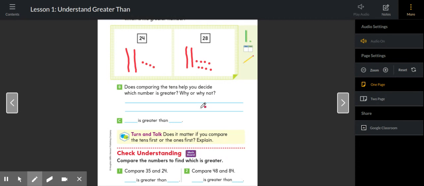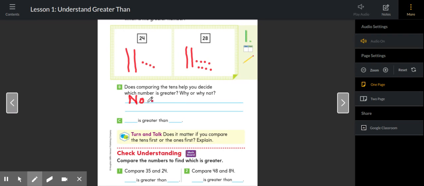Does comparing the tens help you decide which number is greater? Why or why not? So if I compare 2 tens to 2 tens, does that help me? The answer is no, that does not help me. So I need to write no, that doesn't help me. It's the same, right? I'm not going to write this whole sentence, but the first part of my question is, does comparing the tens help you decide which number is greater?